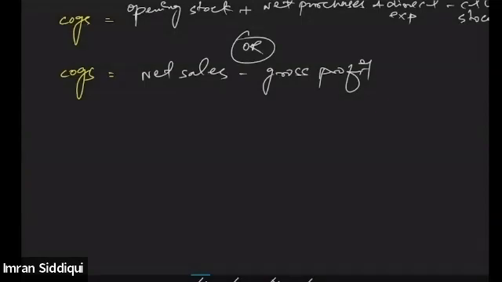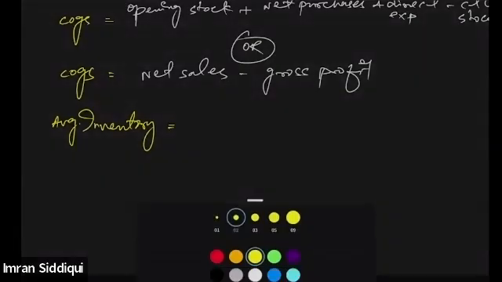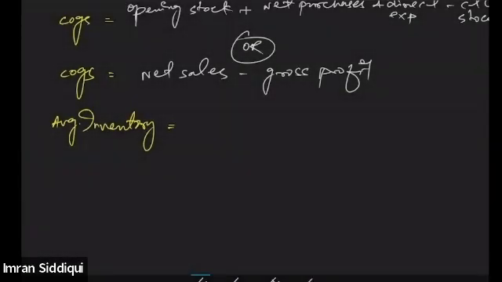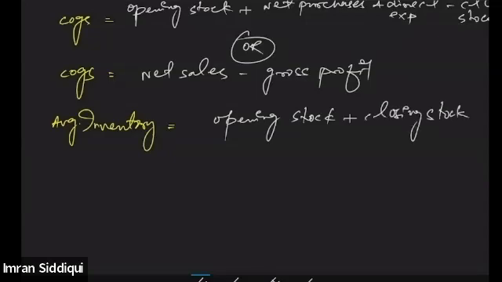Also, I've told you that if you're not sure about what the average inventory is, either it will be given in the question, or if it is not given, then by applying this simple formula you can get the value of the average inventory: opening stock plus closing stock, divided by 2, we will get the answer.